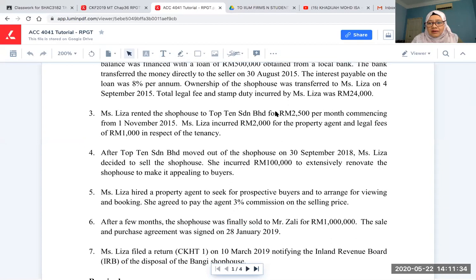So you have to decide on the date, because that acquisition date will also determine how long your holding period is later. And then Miss Liza rented the shop house to a top 10 neighborhood for 2,500 per month, commencing from 1st November 2015. She incurred 2,000 for a property agent and legal fees of 1,000 in respect of the tenancy.